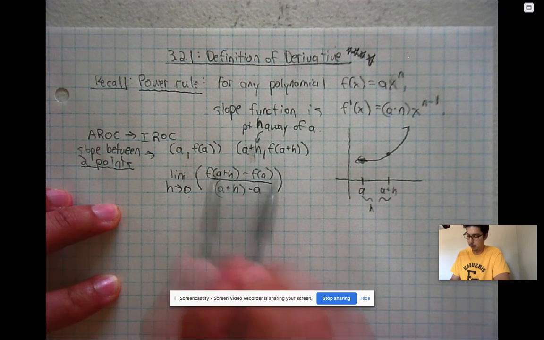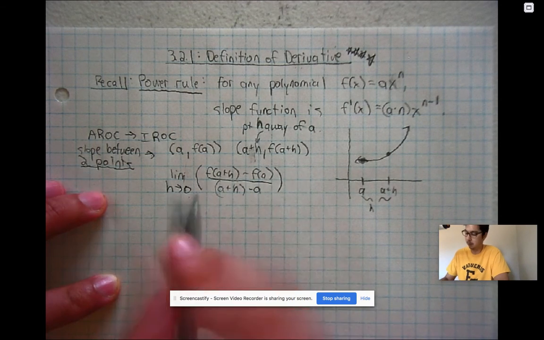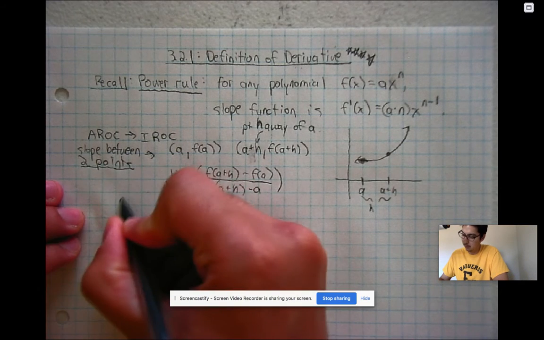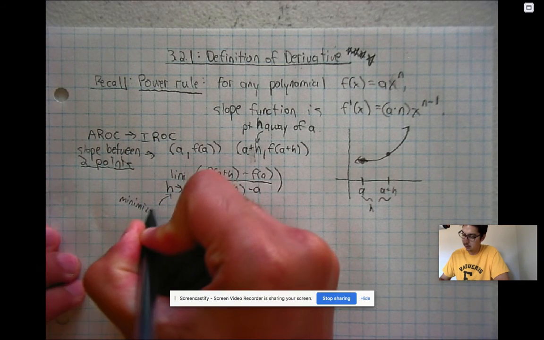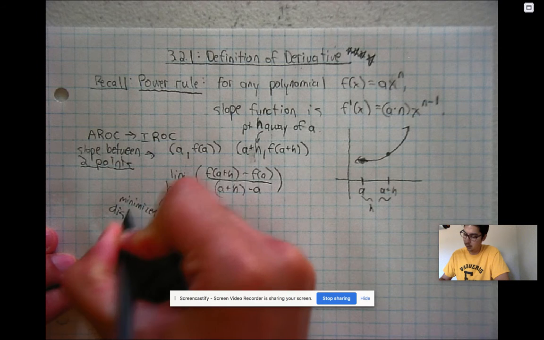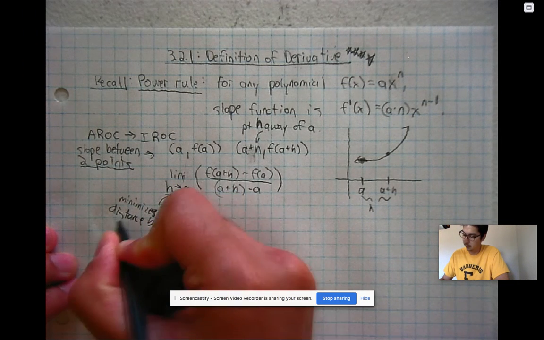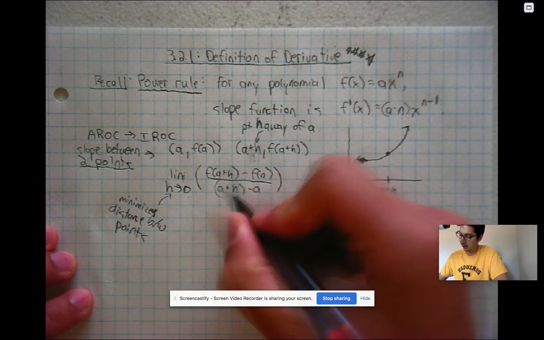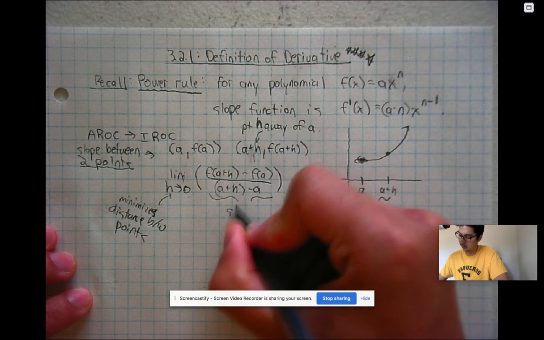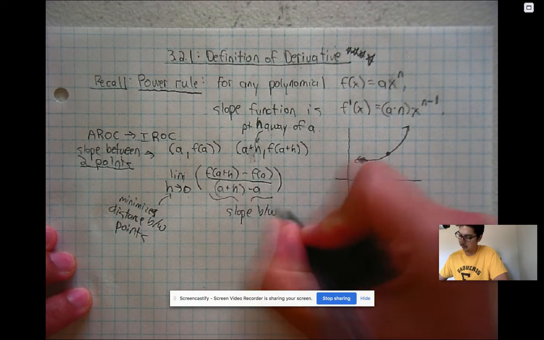So it's the slope between the points, minimizing the distance between them. And this whole thing is the slope between 2 points.